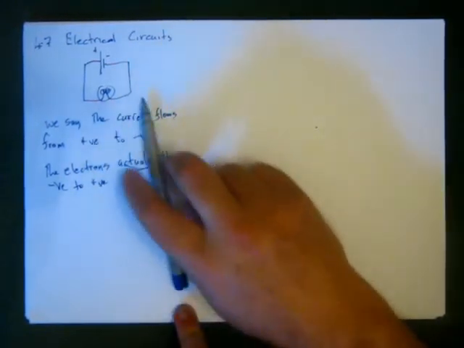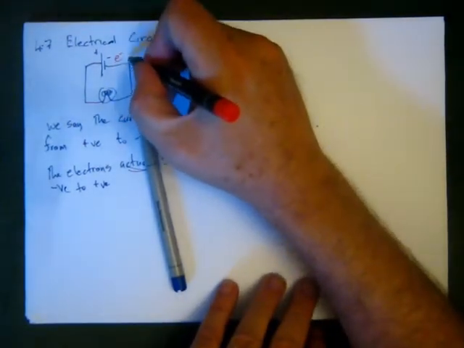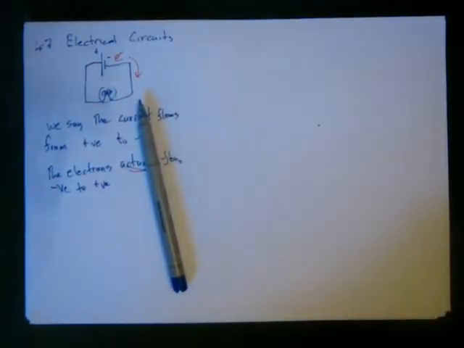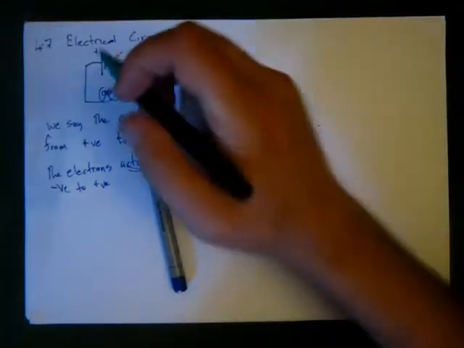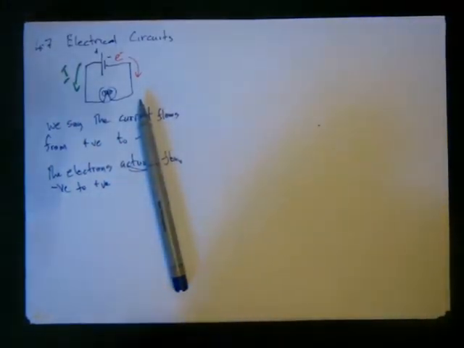So even though we know the little electrons go that way, we say that the current, and the symbol for current is I, goes that way.